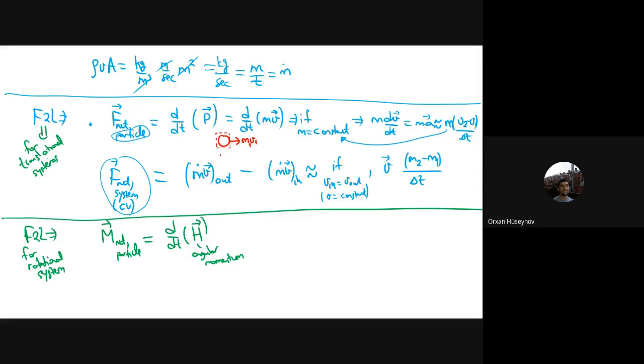But if I add some constant force F, then the momentum of the body will change. It will be m2 v2. So you see, if no force, m1 v1 is constant. If I add the force with a constant value, then the body will move.